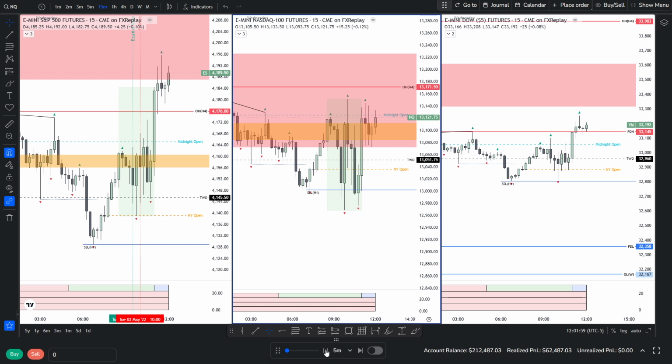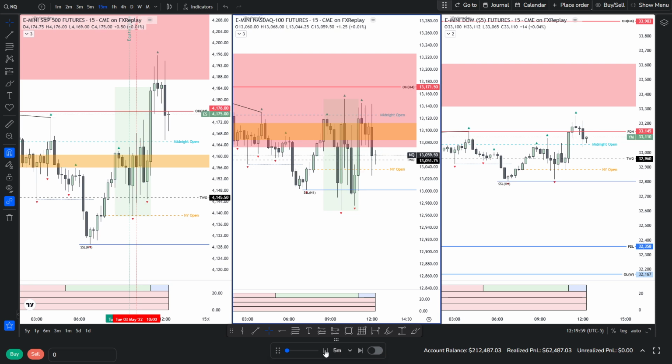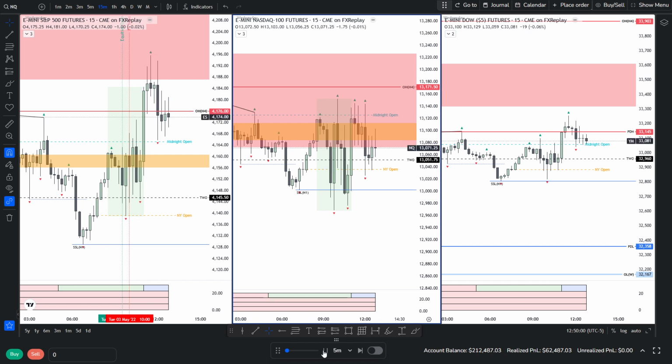We're going to continue. We want to see if there's a breakdown, which there appears to be there, but again, we're still in the lunch period, so I'm not really that focused on that. We would want to get into at least past 1:30 New York time to then determine whether the move is legitimate.